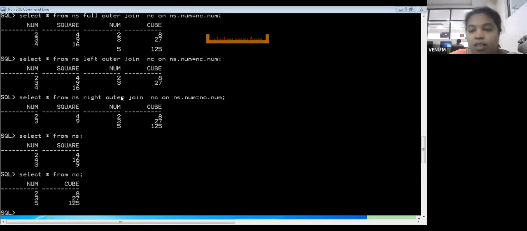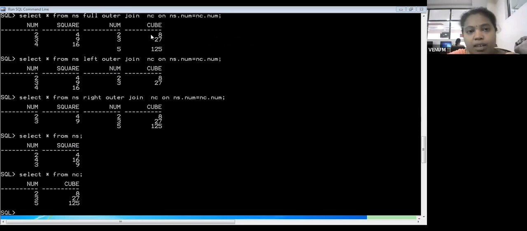Full outer join means first all the left tuples are displayed and then the right tuples are displayed. Unmatched tuples automatically get null values. Here you have to observe all types of outer joins: left outer join, right outer join and full outer join. These are the basic two tables and the output of those three joins with the practical implementation using SQL.